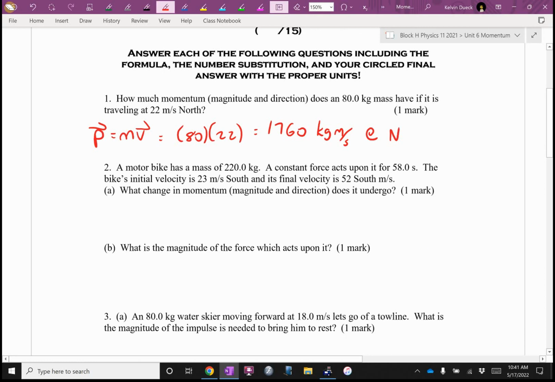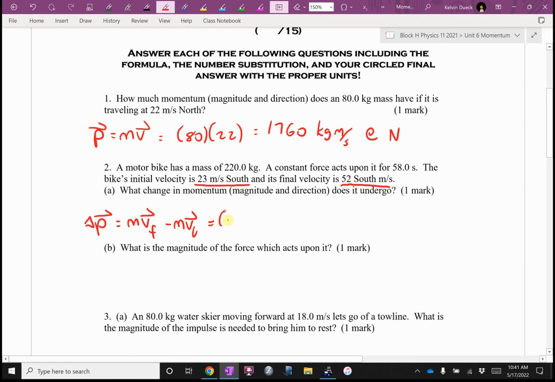What change in momentum? I said, well, change in momentum is impulse. I saw a final velocity. I saw an initial velocity. I'm going to use mv final minus mv initial. What direction is v final? South. What direction is v initial? South. Is there a change in direction? I'm going to let south be positive.